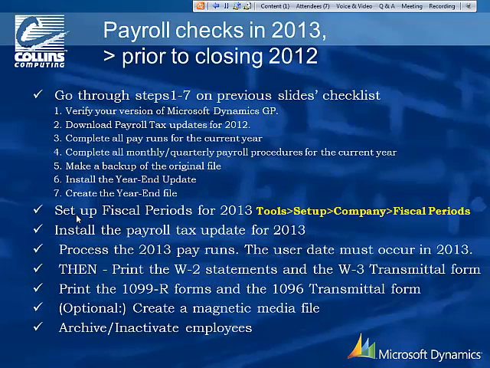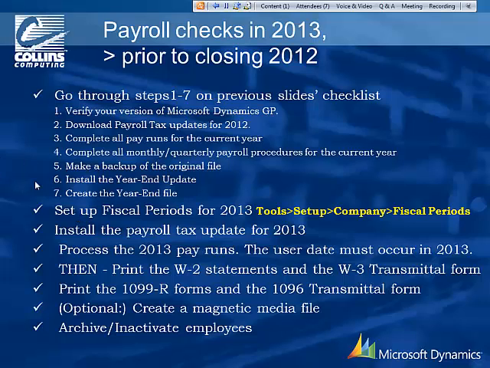Now, some people say, well, what if I'm not ready to close 2012 before I need to go ahead and run a 2013 payroll? So here are the steps if you need to do that. You still are going to run through these processes and make backups and create your year-end wage file, but maybe you don't do some of the cleanup.